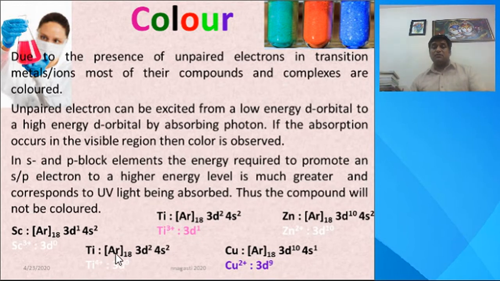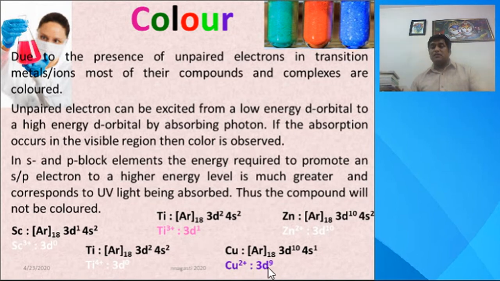Any compound or complex having titanium in 4 plus oxidation state is going to be colorless. So if the titanium oxidation state is 3 plus, only 3 electrons are lost, then 3d1. Since 1 electron is present, this titanium 3 plus ion and its compounds are going to be colored.